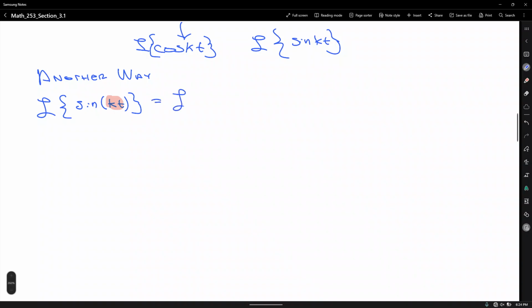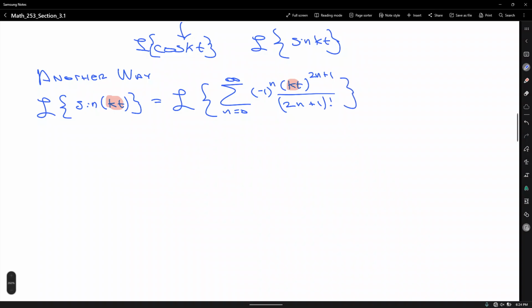This is the same as finding the Laplace transform of sigma n equals 0 to infinity of -1 to the n, argument to the 2n plus 1 divided by 2n plus 1. So what we're going to do is use power series representations of the function to take the Laplace transform of this. So this is the same as saying kt here. The -1 to the n.